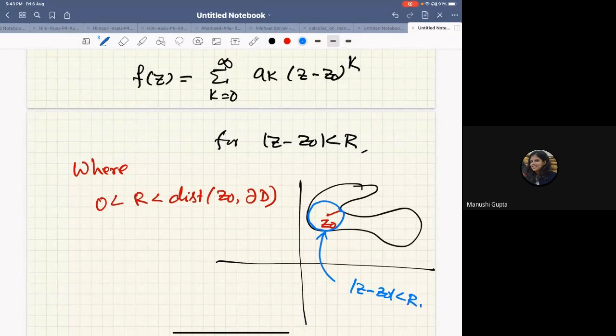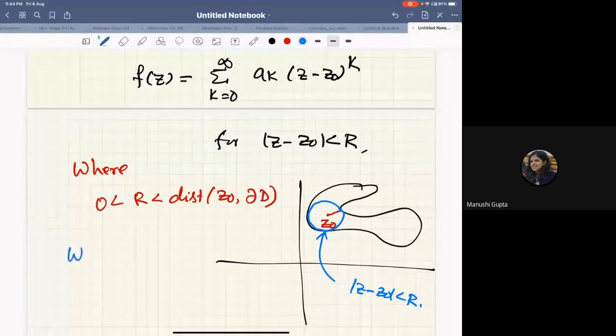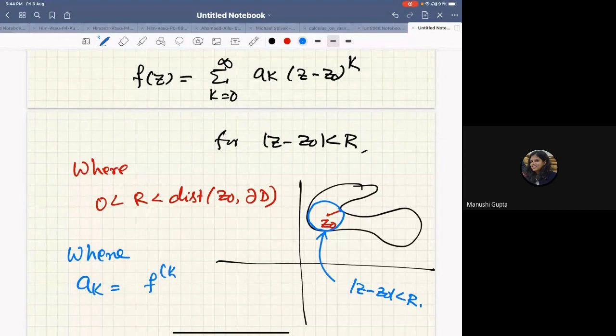Now, what is given? What are your ak? Where our ak are nothing but F power k at Z0 by k factorial.